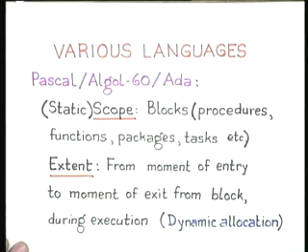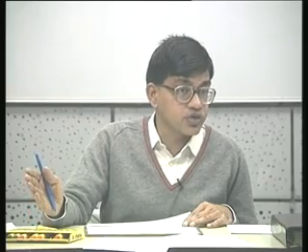the notion of extent comes from the fact that at runtime you are dynamically allocating storage to the identifiers or to the variables in a block. So the extent or the lifetime is just from the moment of entry into a block to the exit from the block during execution time.